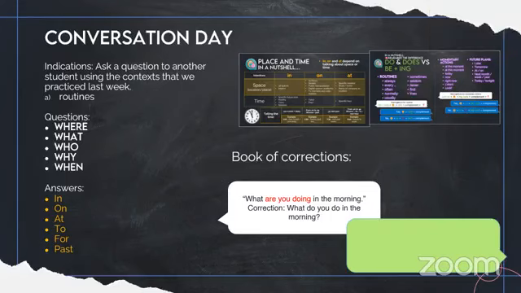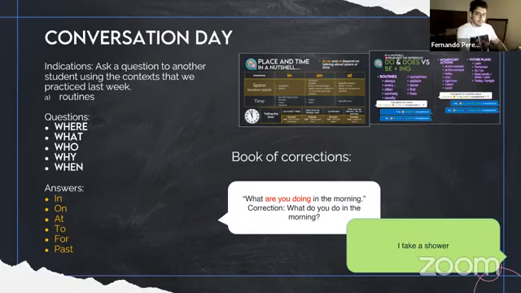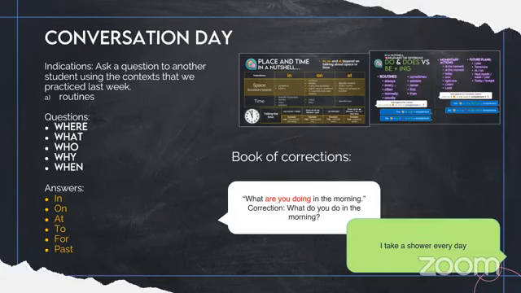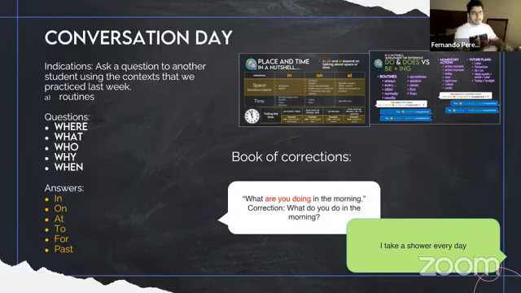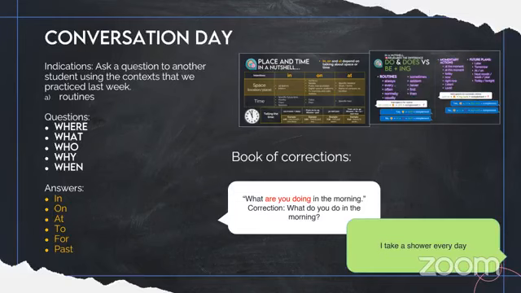I take a shower every day. Or I take a shower in the morning. Okay, and make a combination. Every day when... Yes, teacher. I take a shower every day in the morning.